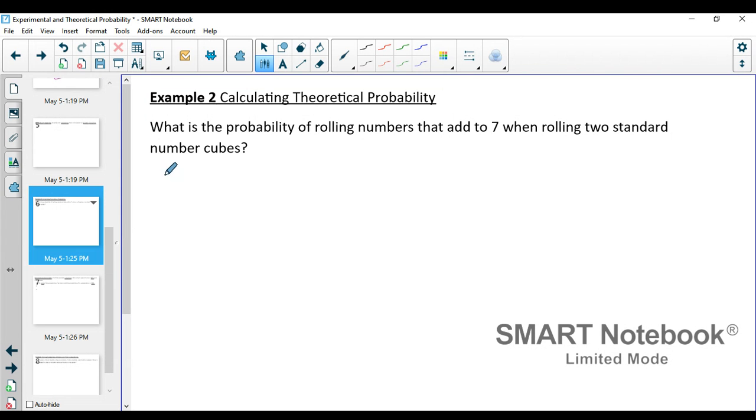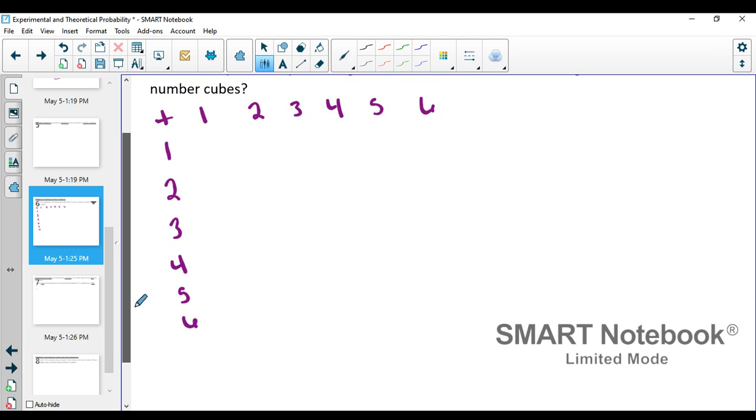Okay, so the easiest way to do this is to make kind of a table. So if we're rolling our 2 dice, these are our options. Okay.